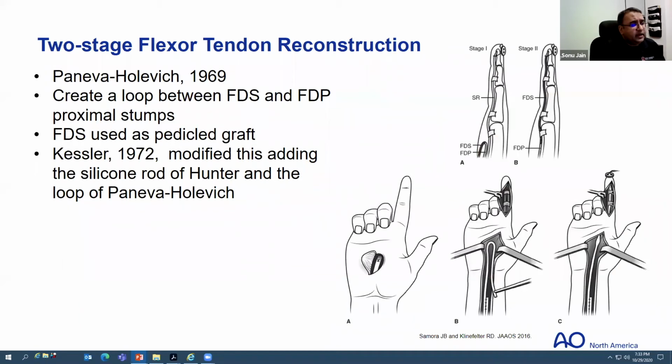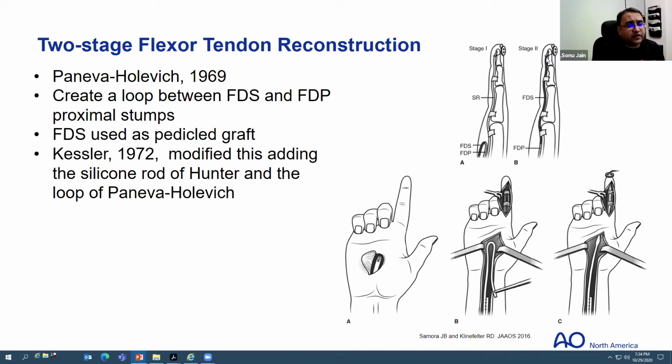Paneva-Holevich described a nice technique in 1969 where he was trying to create an intrasynovial tendon graft by looping the cut FDS and FDP tendon proximal stumps together, forming a loop, as you can see here. And then you'd come back later, approximately 3 months later or so, and use that FDS as a pedicled intrasynovial graft and attach it to your distal phalanx.